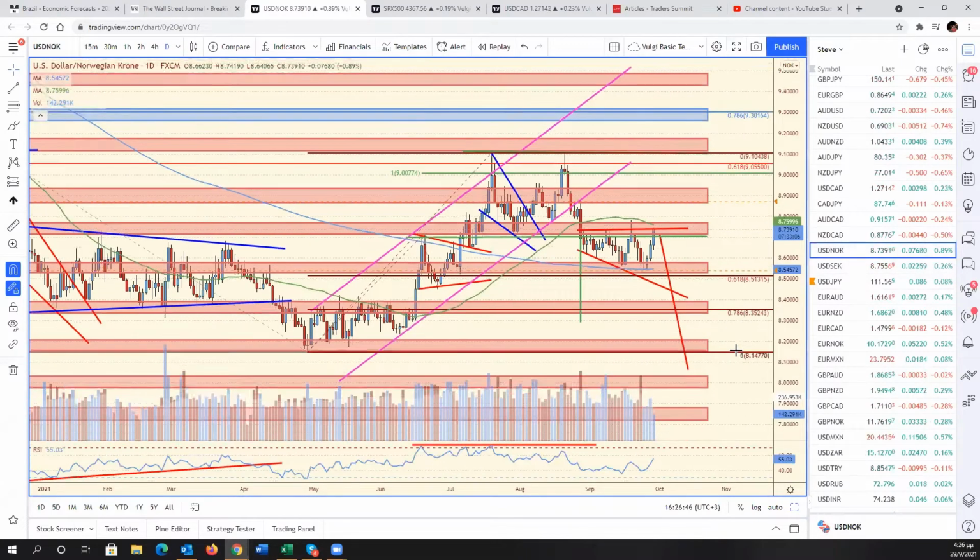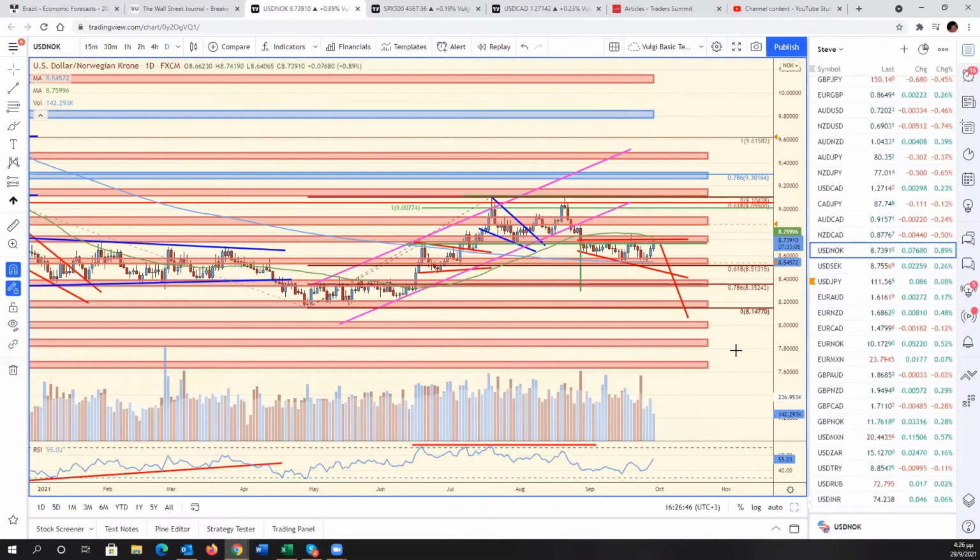Nice rebound from the USD NOK, testing once again this horizontal trend line resistance as we're still in some kind of an expanding triangle. So far, this formation looks corrective to me. It still does.